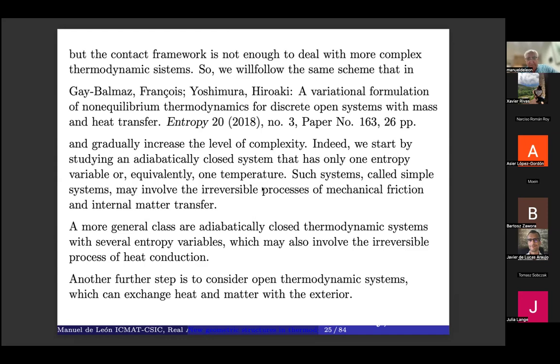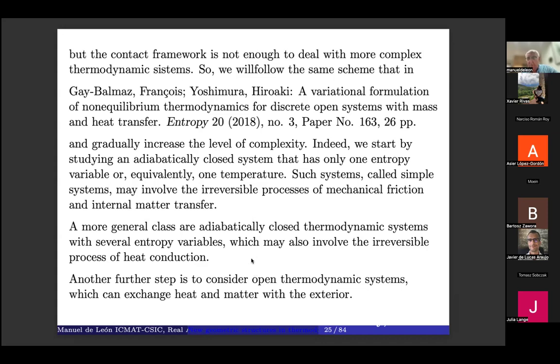For instance, systems that are adiabatically closed or with several entropy variables, not only one entropy, several entropies. Systems that can exchange heat, or systems that can exchange matter.